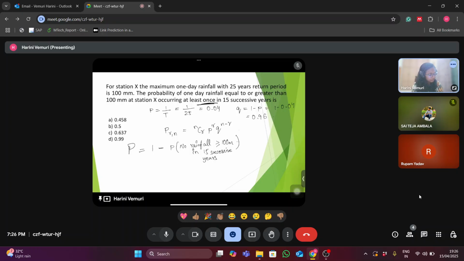So that is 1 minus, there is no rainfall occurring, so the probability will be q, and it is not occurring for 15 years, so power 15. 1 minus 0.96 to the power 15. Once you do the calculation, the final value will be 0.458. Option A.